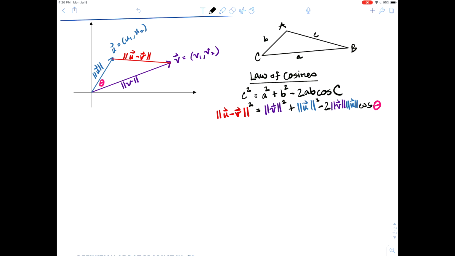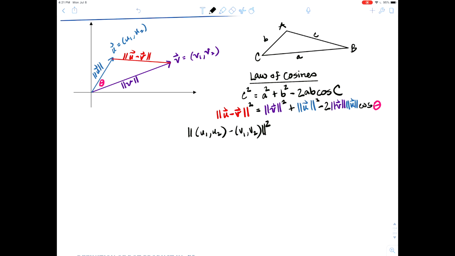So, how would I work this out? What would the magnitude of U minus V be? If I square that out, what'll happen? Or don't worry about squaring it out. Let's just think about it. I mean, wasn't U equal to U1, U2, and V is equal to V1, V2.